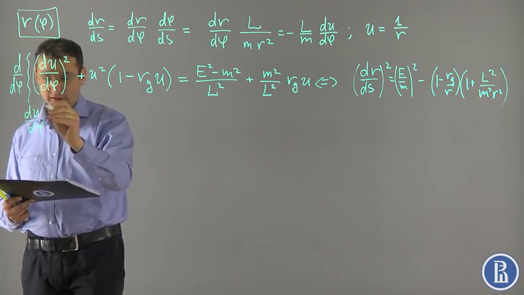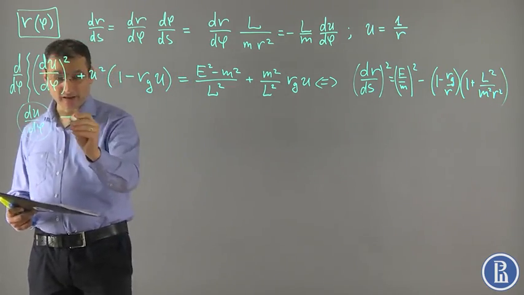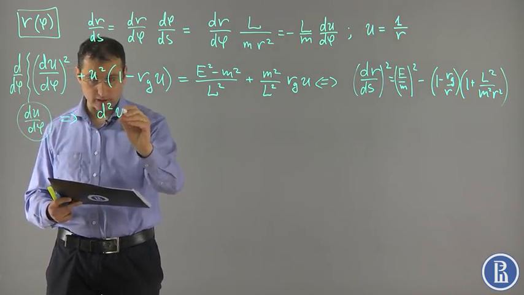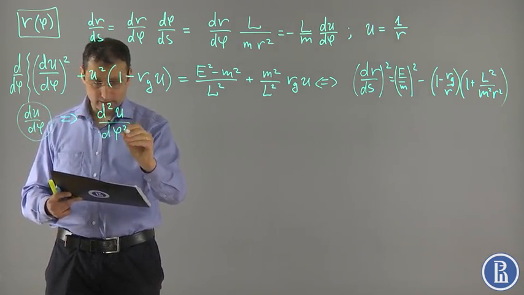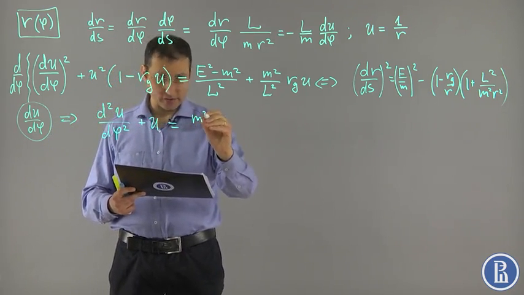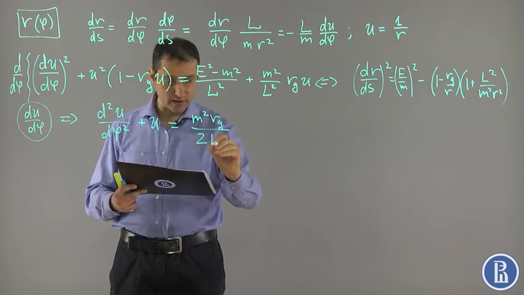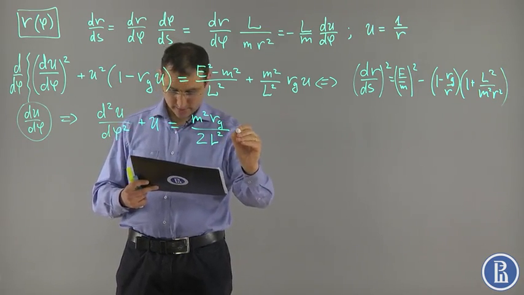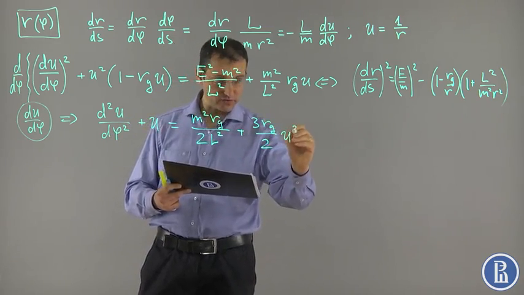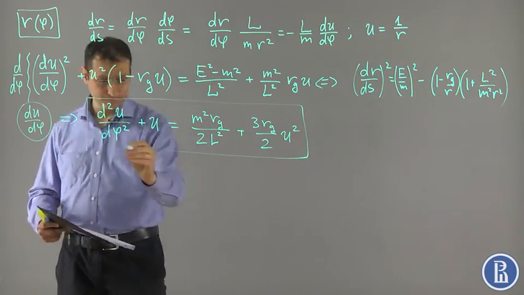As a result, we obtain the following equation: d squared u over d phi squared plus u is equal to m squared r_g divided by 2L squared plus 3 r_g over 2 times u squared. So this is the equation we are going to work with.